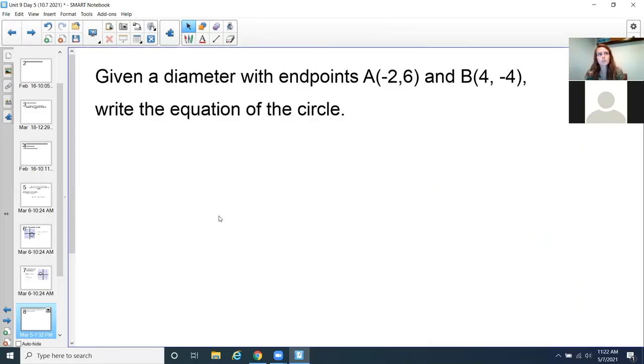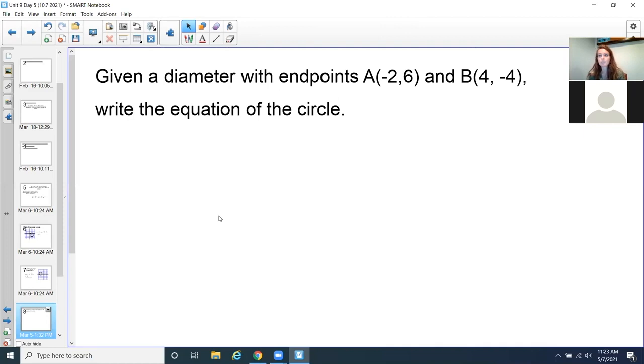First of all, let's think. A lot of people are telling me to use the distance formula to find the whole length of the diameter, and then cut that in half and find the radius.